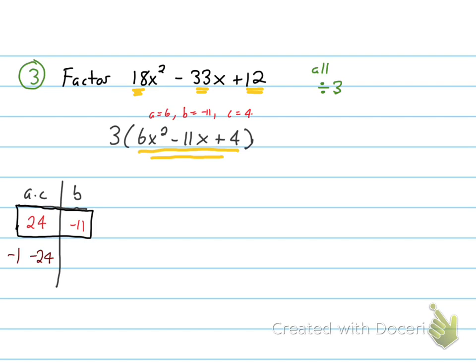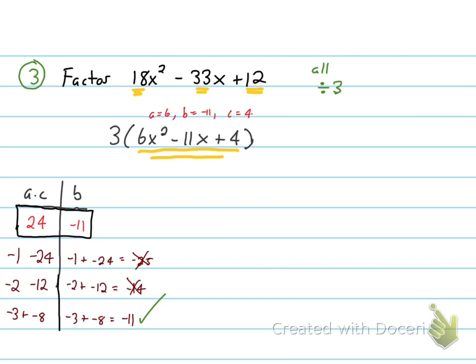So if I try negative 1 and negative 24 to start, that gives me negative 25. So I'm going to move on. Negative 2 and negative 12 would multiply to give me positive 24, but they add up to give me negative 14. So that doesn't work either. Then I'll go to 3. Negative 3 times negative 8 gives me positive 24 and adds up to give me negative 11.